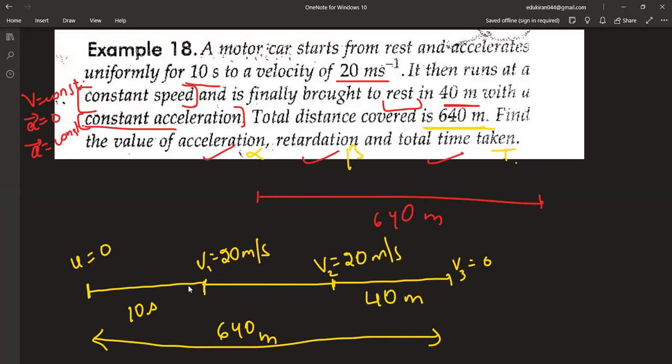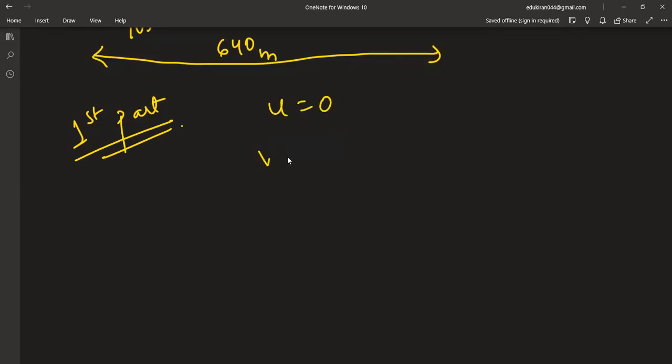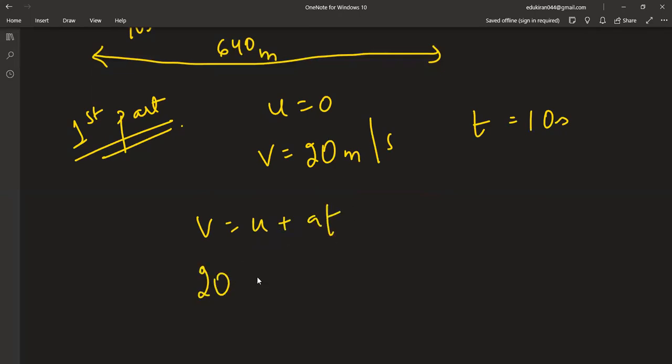Firstly, if we talk about the first part of the motion, initial velocity, final velocity, and time are there. Can we at least find out the acceleration? So for the first part, u is equal to 0, v is equal to 20 meter per second, time is equal to 10 seconds. v is equal to u plus at, so 20 is equal to acceleration into 10, zeros cancel, acceleration is equal to 2 meter per second square.